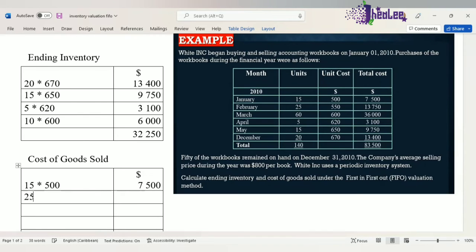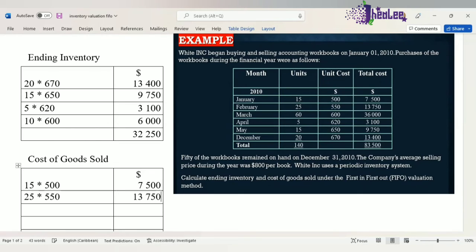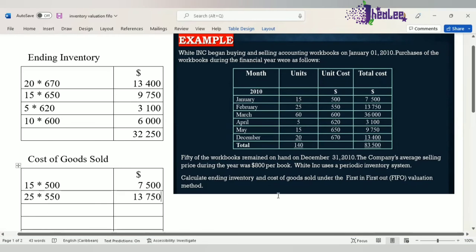Then we sold the 25 by the cost price of 50, and that is 13,750. And please note, people, when you're valuing your ending inventory and your cost of goods sold, you use the cost price. This is done at cost price.